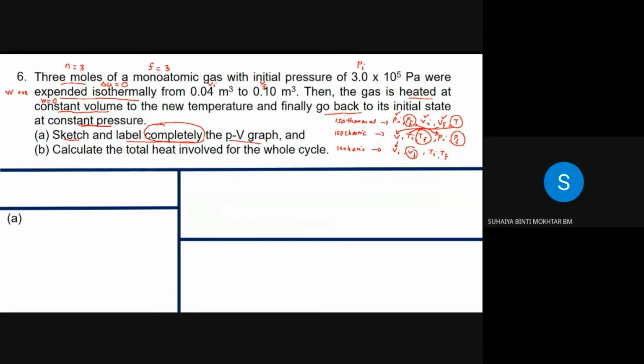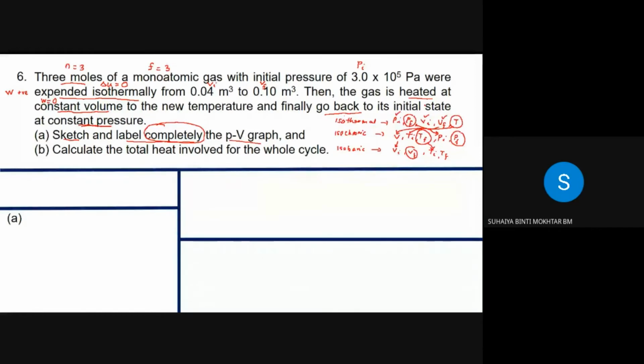T final here goes back to the initial, so T final is the T from isothermal. That's a long story. So in this case, we have three cases: isothermal, isochoric and isobaric.